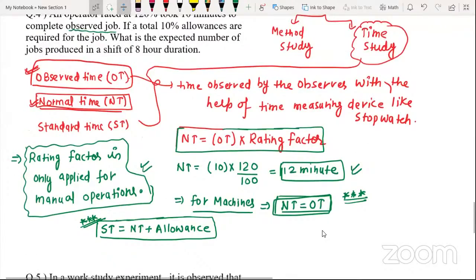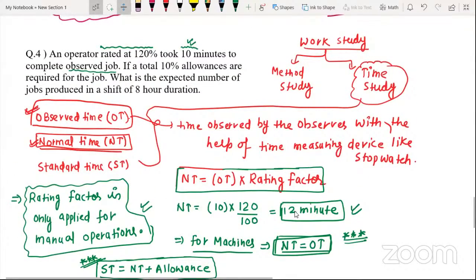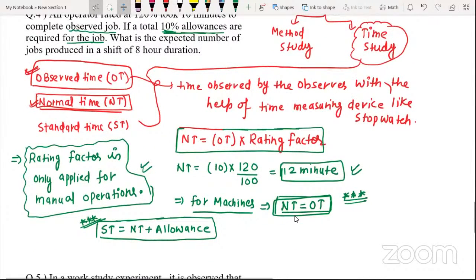In this question you can see they have given the allowance as 10%. 10% allowance is required for the job. So you can find the standard time from here.